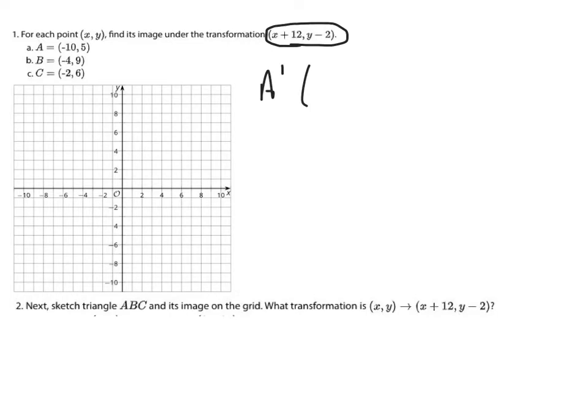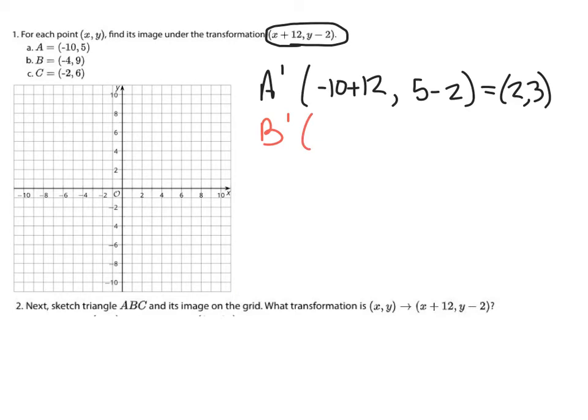A prime is going to be negative 10 plus 12 and 5 minus 2, which equals 2, 3. Okay, B prime, which is the image, not the pre-image, I'm going to have negative 4 plus 12 and 9 minus 2, which gives us 8, 7.